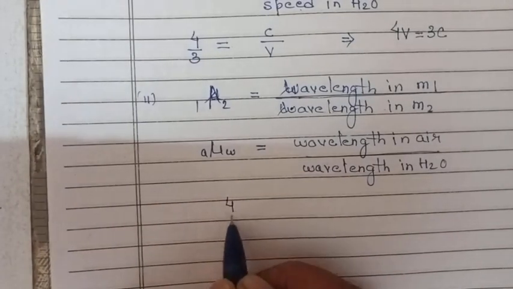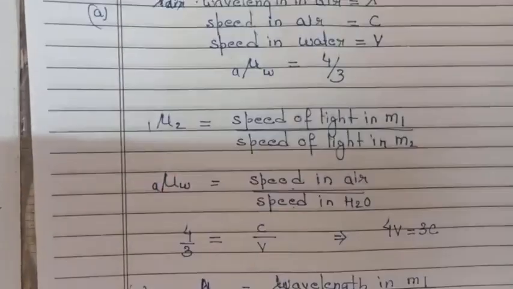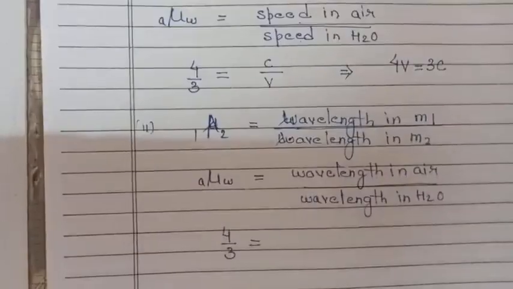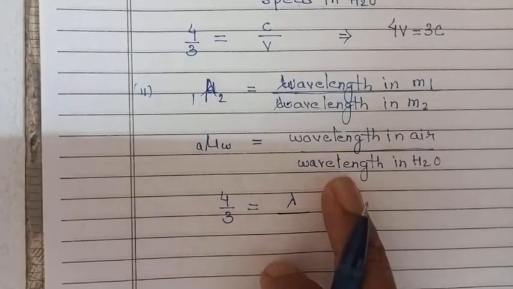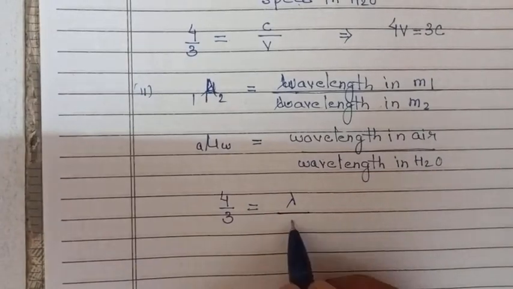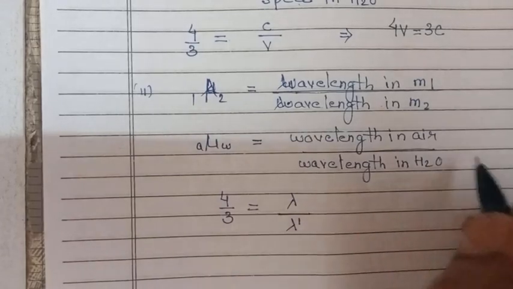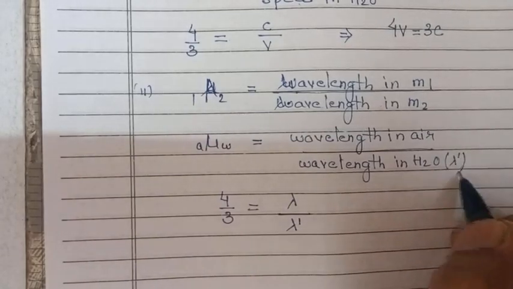Refractive index is given as 4/3. Wavelength in air, if you go through the question, you can see wavelength in air is given as lambda. And we need to find wavelength in water. So let the wavelength in water be lambda dash.